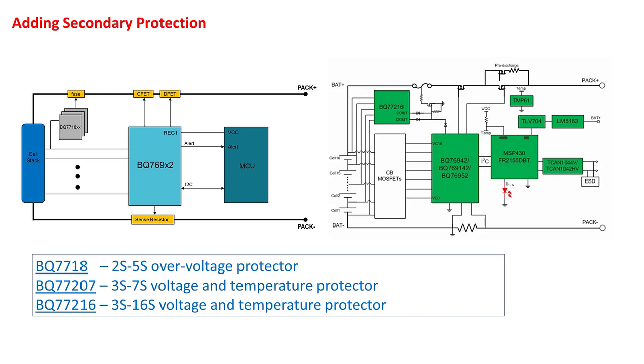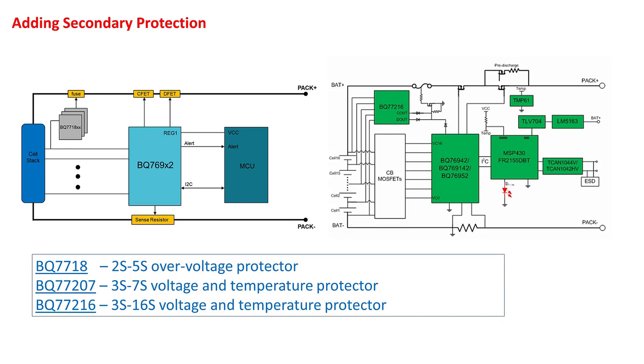The BQ77216 supports up to 16 cells and also offers undervoltage and temperature protections. The image on the right, which is from the TIDA 010208 reference design, shows a block diagram of this configuration. Note that the BQ77216 has two output pins that are ORed together to activate the fuse. The BQ77207 is very similar to the BQ77216 and can be used for applications with 7 cells or less.